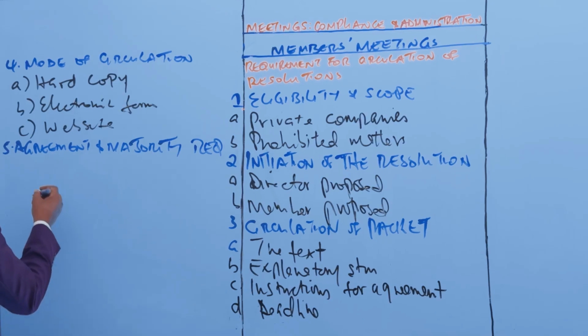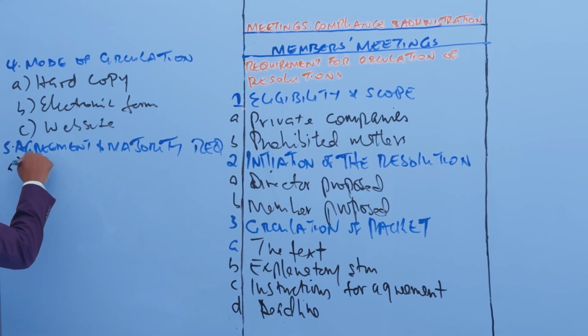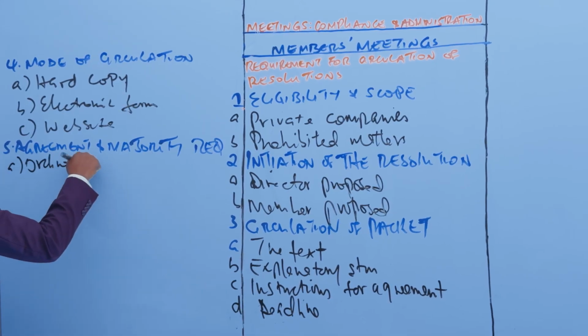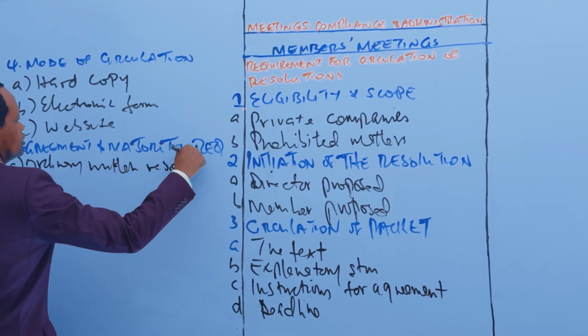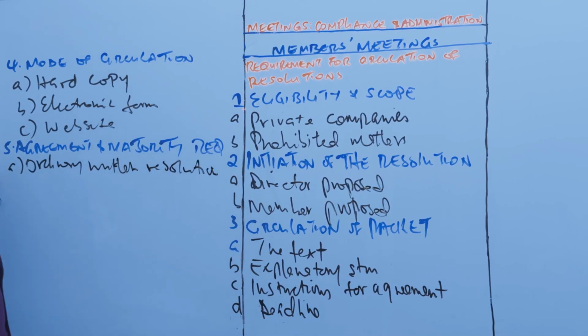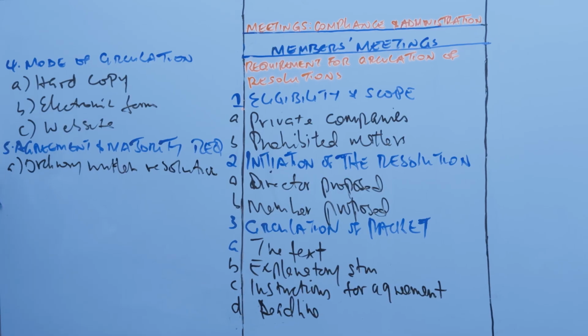For ordinary written resolution, it requires a simple majority, that is more than 50% of the total voting rights of all eligible members, and not just those who choose to reply.